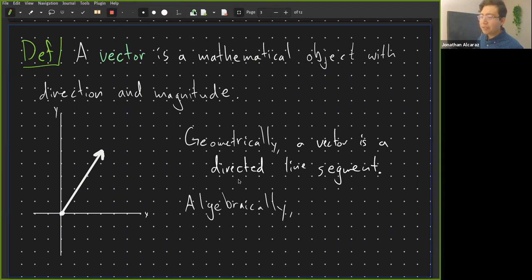Well, you could break it up into its base components. You can break it up into the x component, which would look something like this. We should make sure that's straight. So you have something like that, okay? And then you can break it up into its y component, which would look something like that. So this white vector here, we can break it up into this x component and this y component.